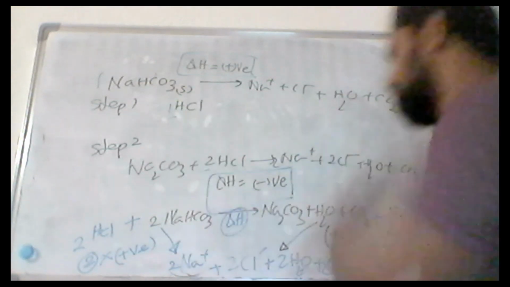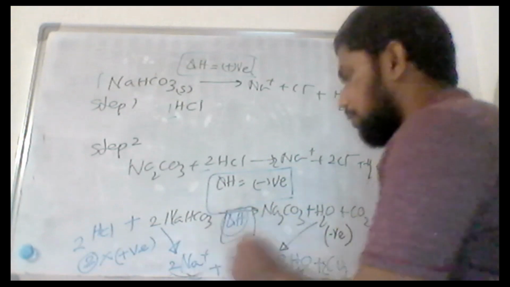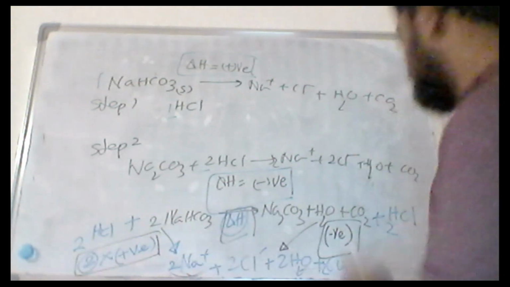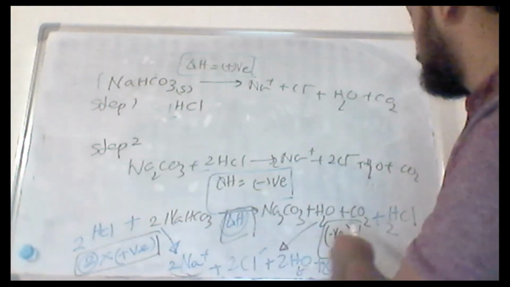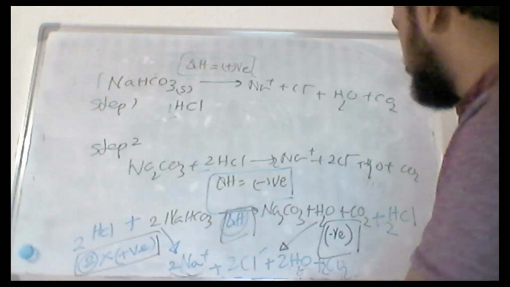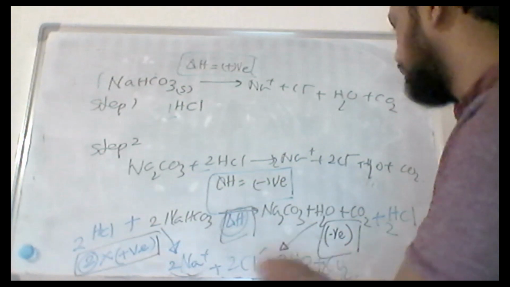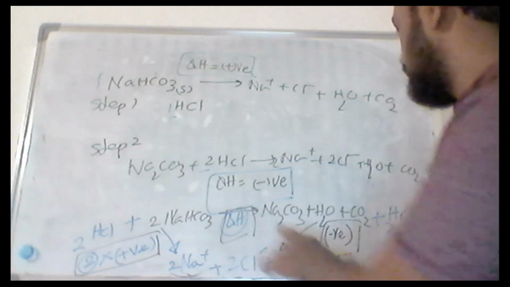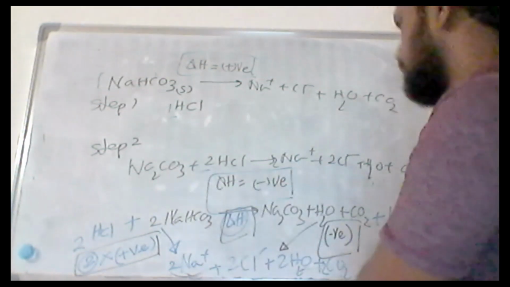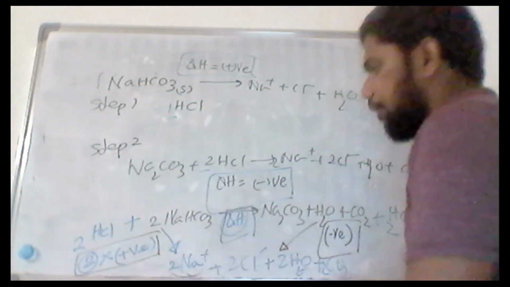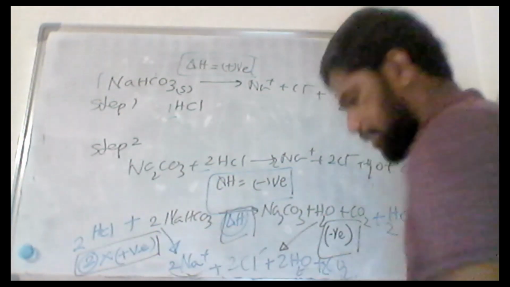These two are in different reactions. So in this thermochemical cycle, this is negative and it is the same reaction that is going to form, because there is additional H and Cl here. That is why this is 2Cl here. The reaction is sodium carbonate and 2HCl. So the same reaction is happening here. And the only thing that you don't know here is delta H, right?